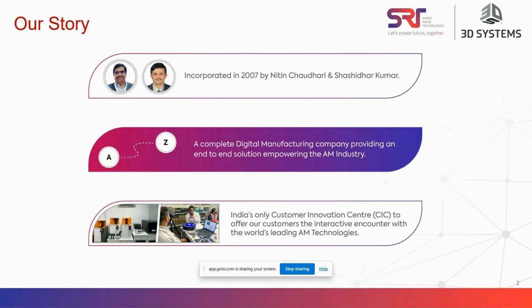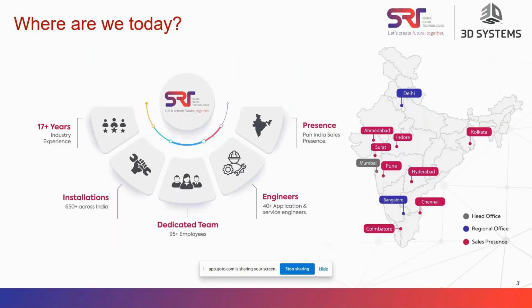Along with that, we have a top class customer innovation center for metal and plastics in Mumbai. Where we are today, we have 18 years of industrial experience, more than 650 printer installations, and a dedicated application and service team. Our branch offices are located in Bangalore and Delhi, the head office is located in Mumbai, and in the rest of the places we have a sales presence.